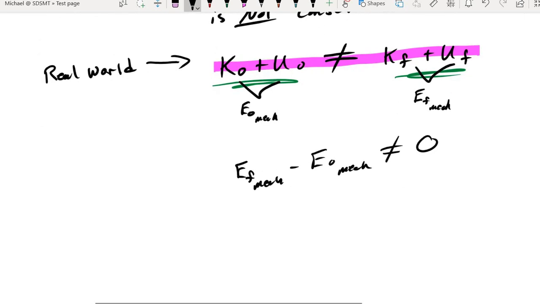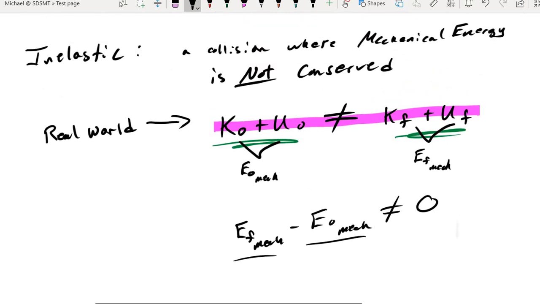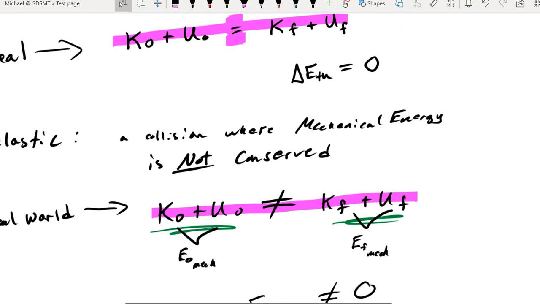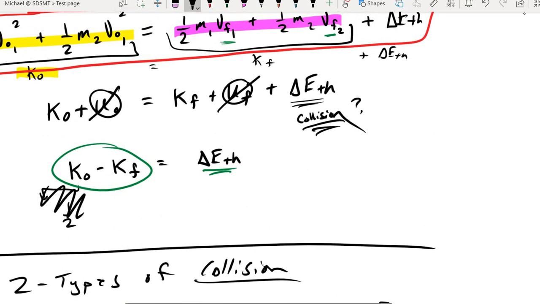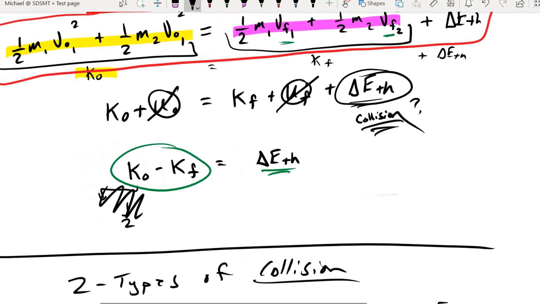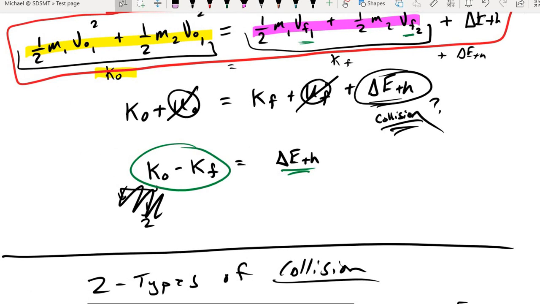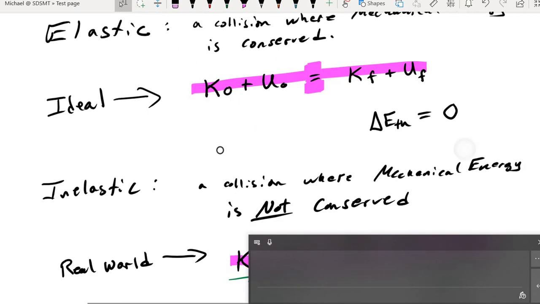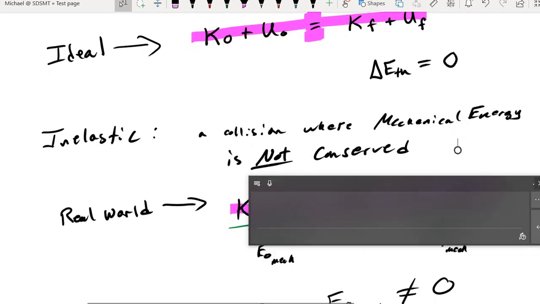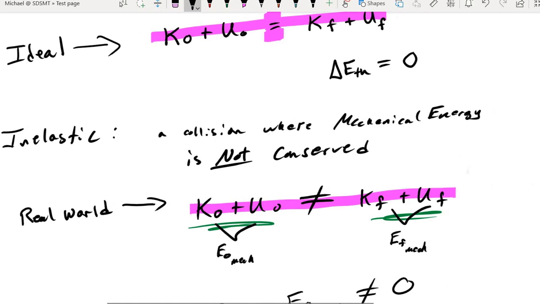In fact, this difference between initial and final mechanical energies would have to be equal to the amount of energy that is lost due to the generation of heat.